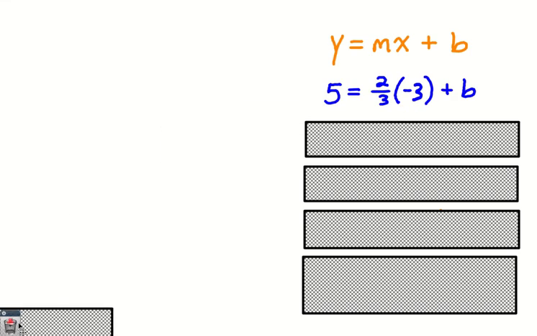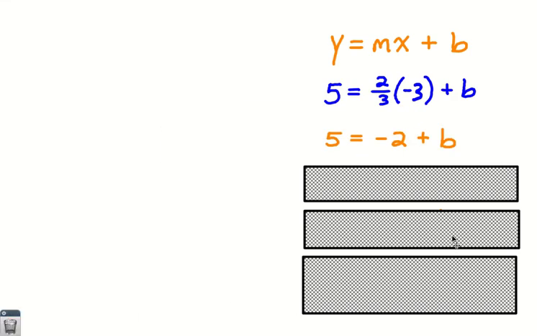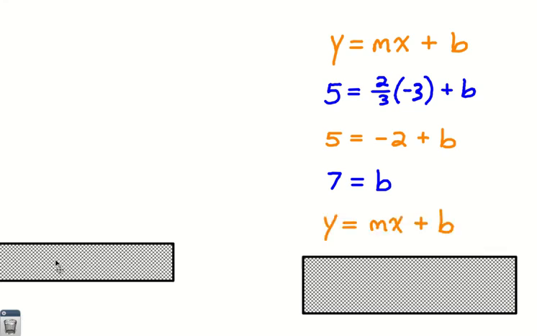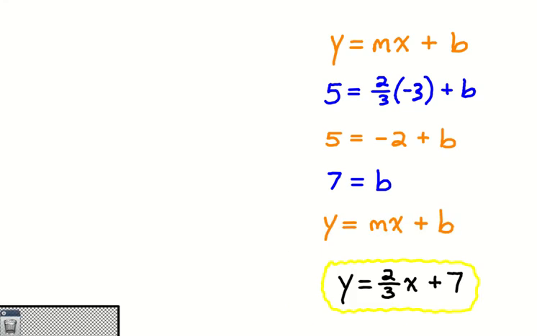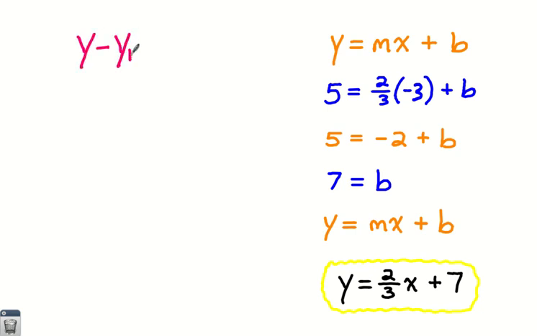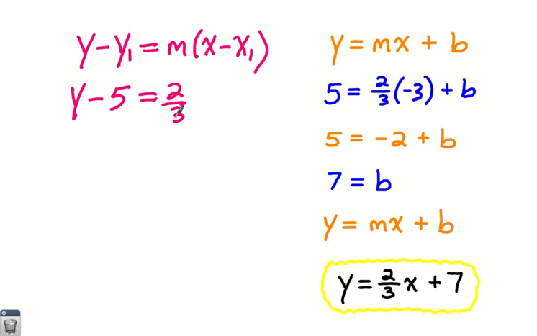And now that we know a point and a slope, we can do this whole song and dance again. And we have, as always, at least these two major algebraic options. Our y1 looks like it was 5. Our m was +2/3.